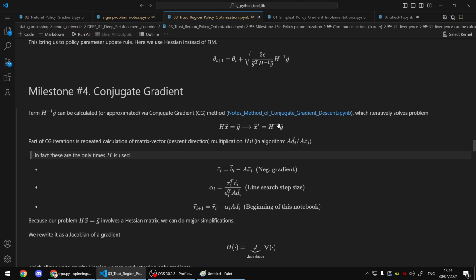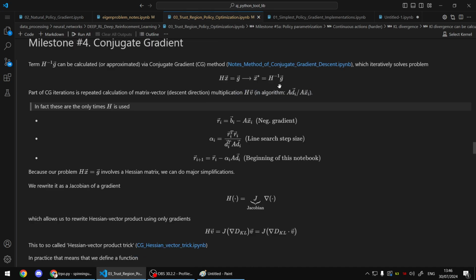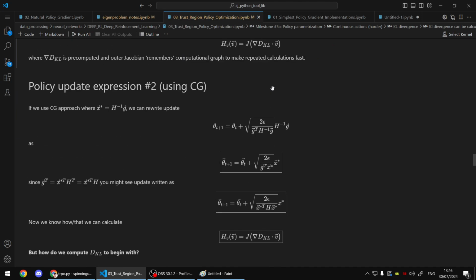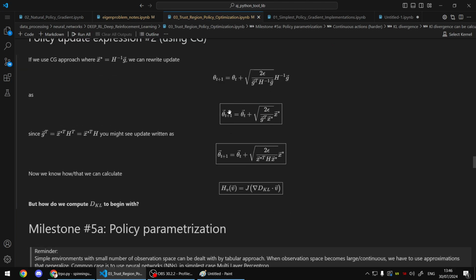And in fact, it's not building and inverting H, so it's very convenient.